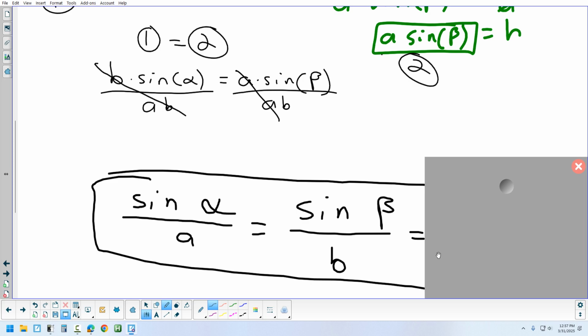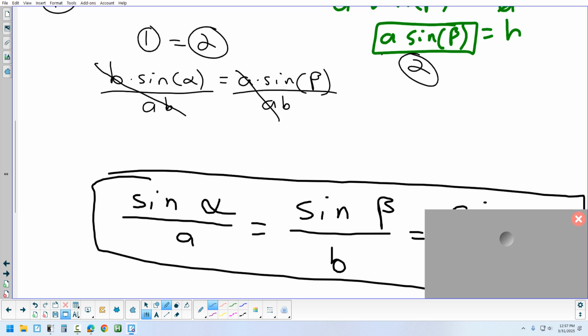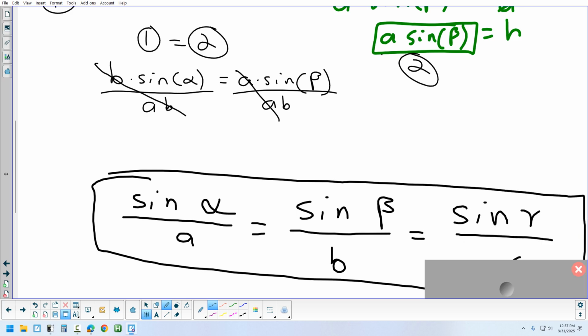It follows the same pattern as the first two. We didn't prove this one. But looking at the first two, anyone think they know what the third fraction would be? Sine of gamma over C. Yep. That is the law of sines.